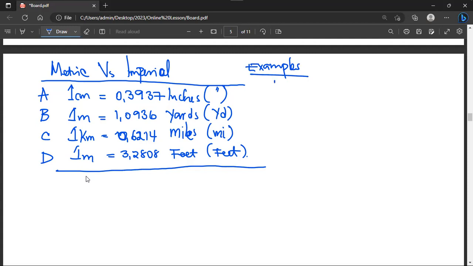This says convert 3,7 meters to yards. My dear friend, number one, first and foremost, take note.